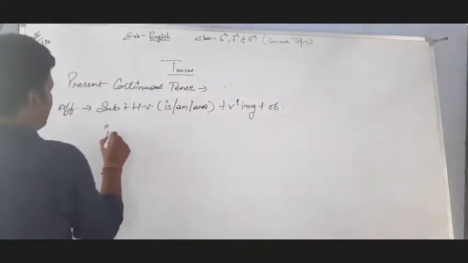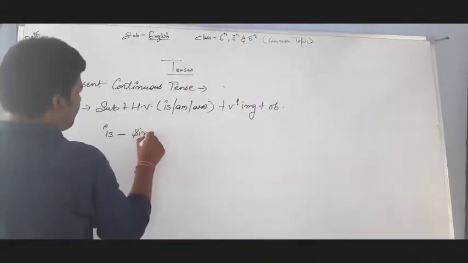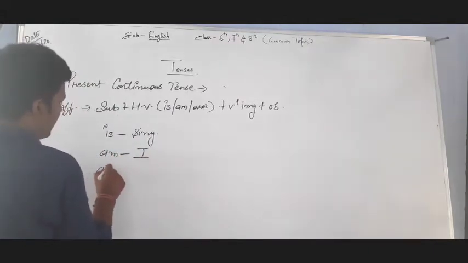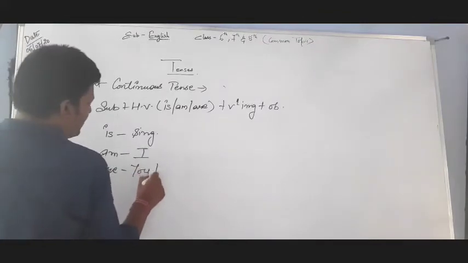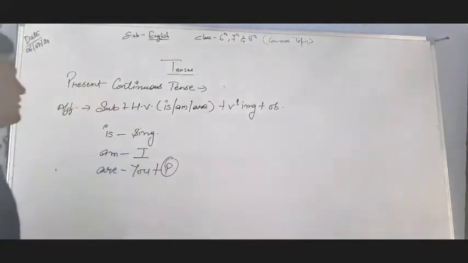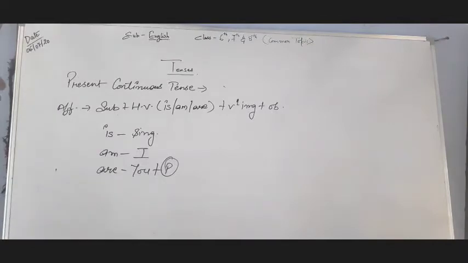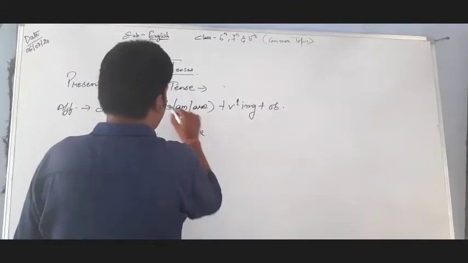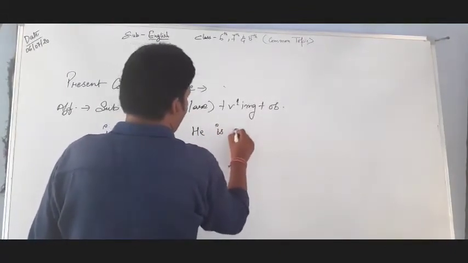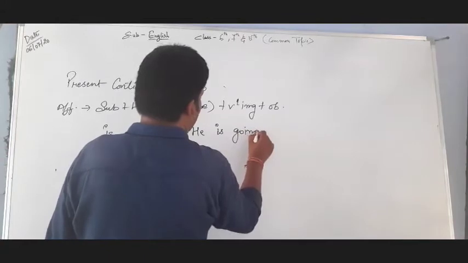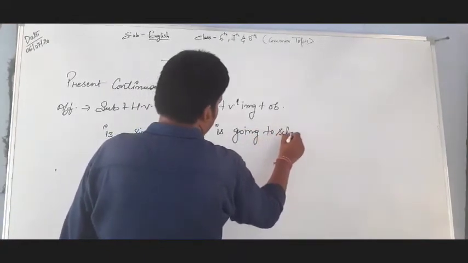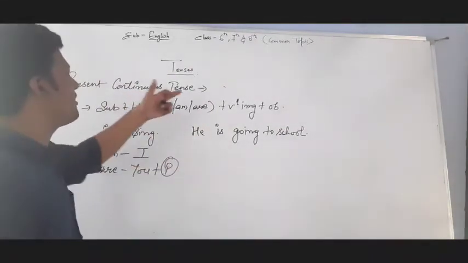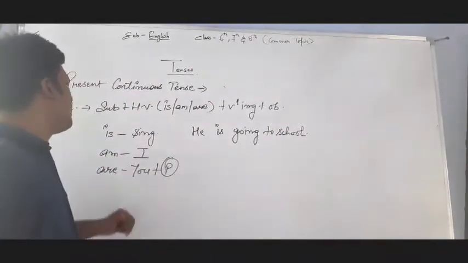Is we use with singular subjects, am I use with I, and are I use with you as well as plural subjects. How to make the sentence out of it? Let's take a singular subject. Suppose he. Helping verb I choose is, verb first form go plus ing, going to school. This is the way we form the sentence of present continuous tense with the help of the formula.